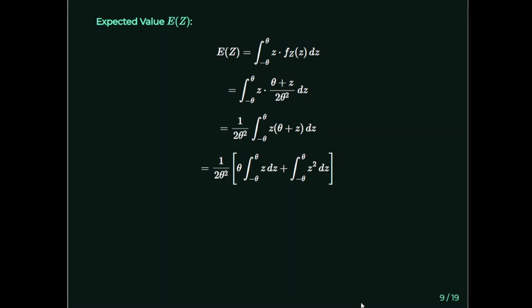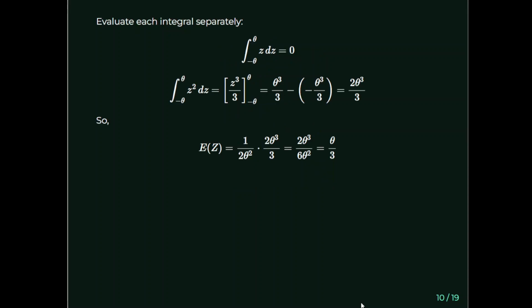So we have 1 over 2 theta squared times the integral from minus theta to theta of z times (theta plus z) dz. So what we can do is split that integral up. We have theta times the integral of z dz plus the integral of z squared dz.